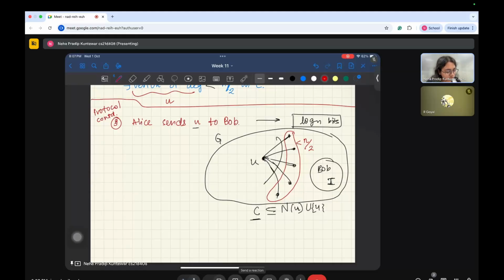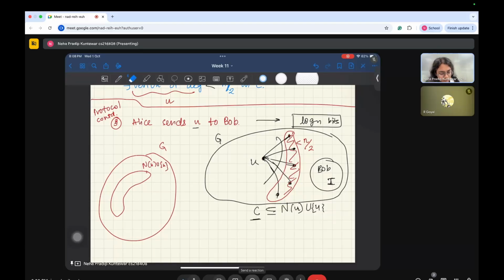Think of it this way. If G is the original graph, then this is what I'm drawing: the set N of u union u. This is the set that we got. Then we look at the graph G prime that is induced by this set. That means just look at those vertices and the edges amongst them, and ignore all the edges going outside.